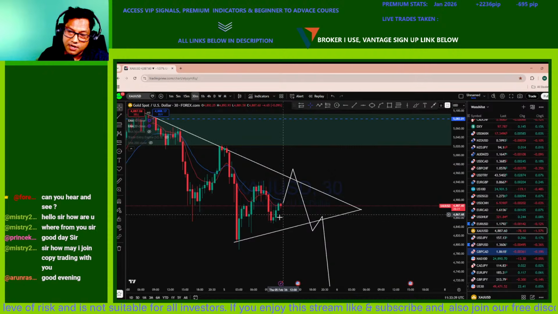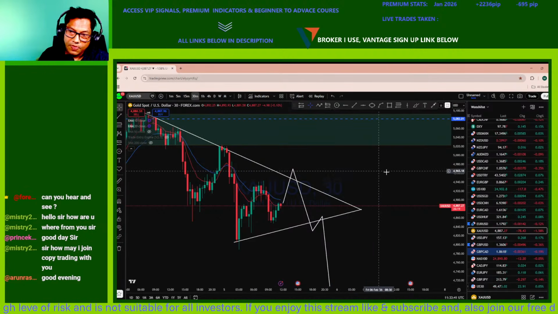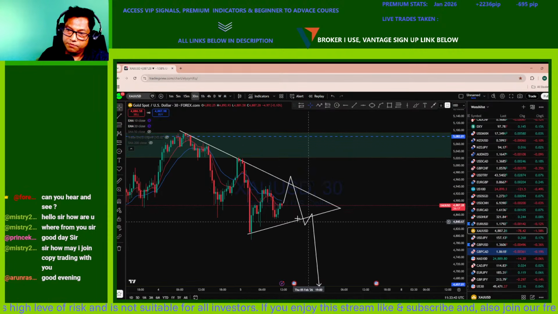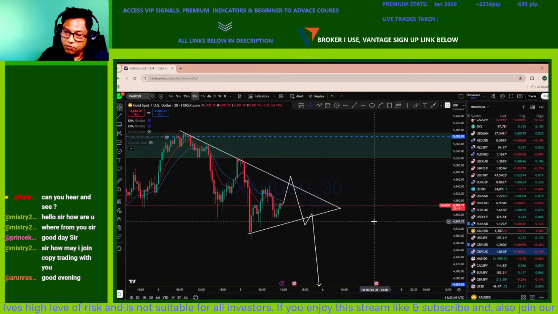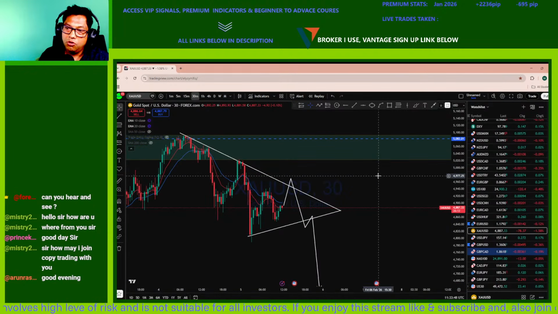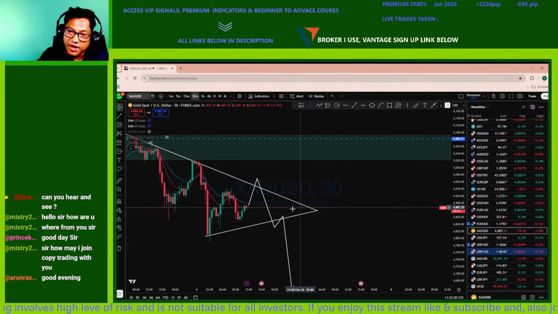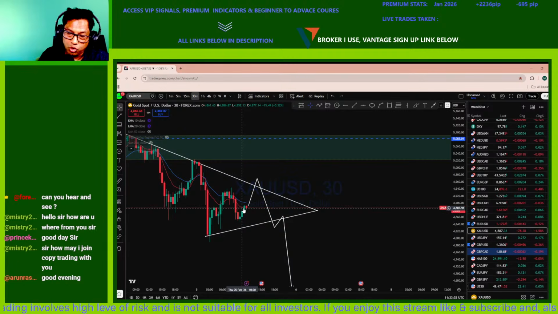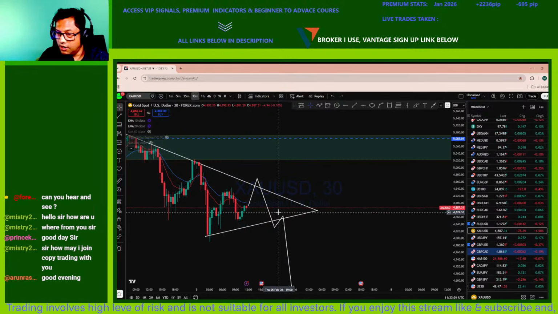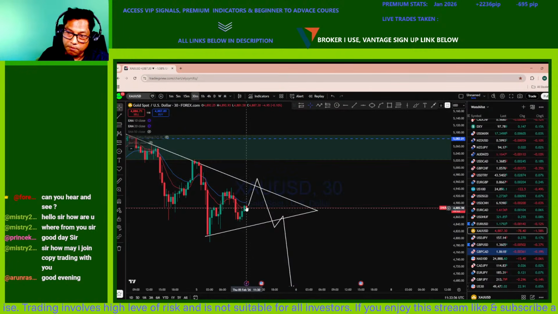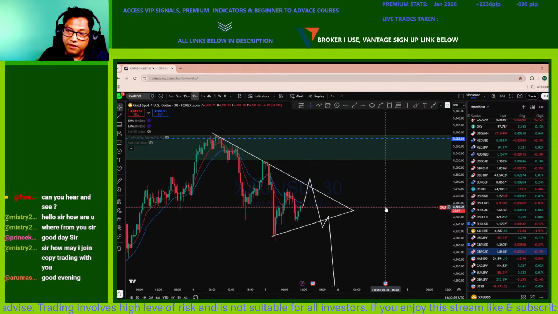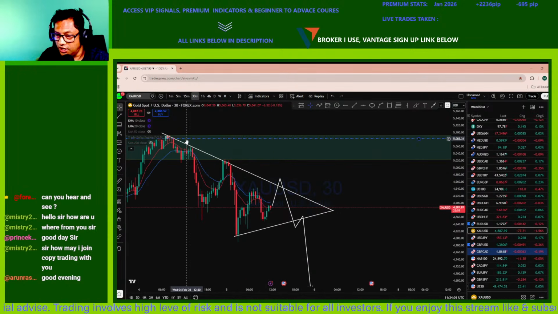If we look at that long entry, this is where there's a series of lower highs and higher lows. We can see the market is in a zone on a narrow range, and breaking out can give a potential, because it's already in a downtrend.